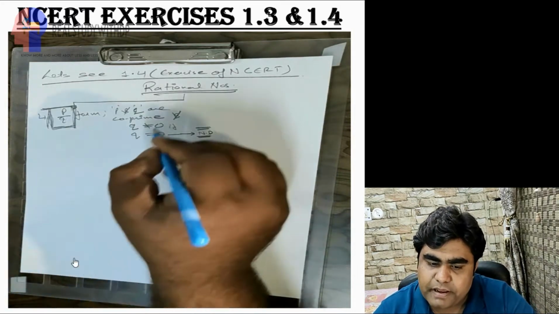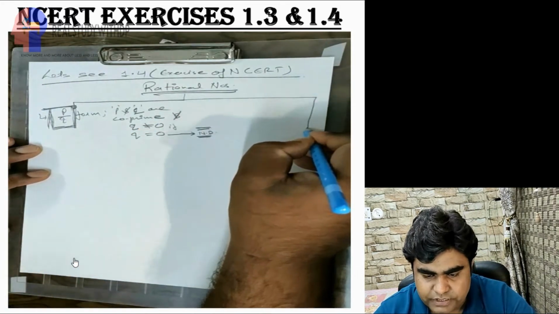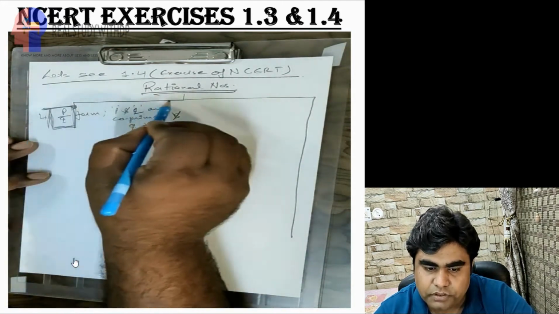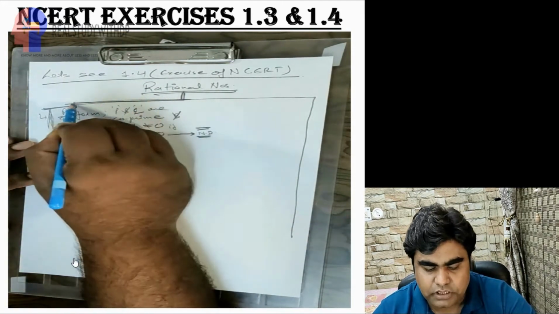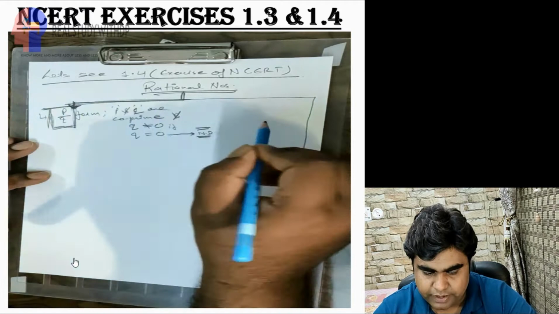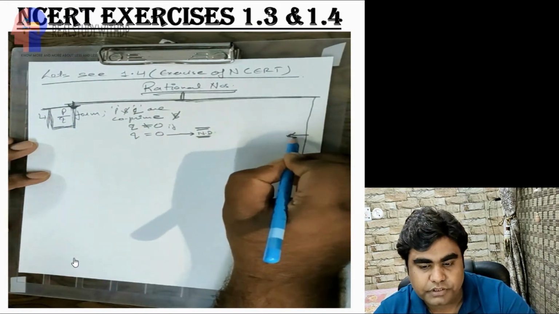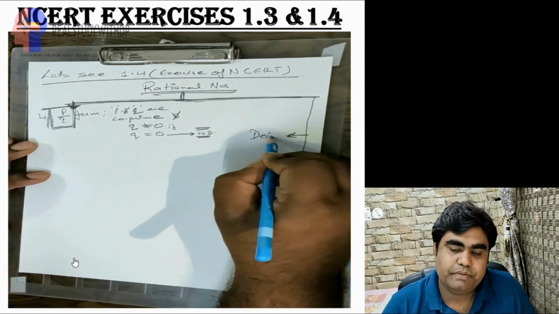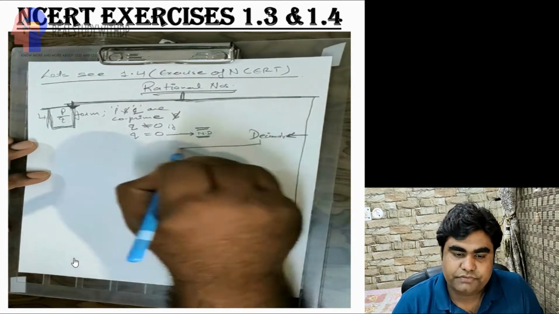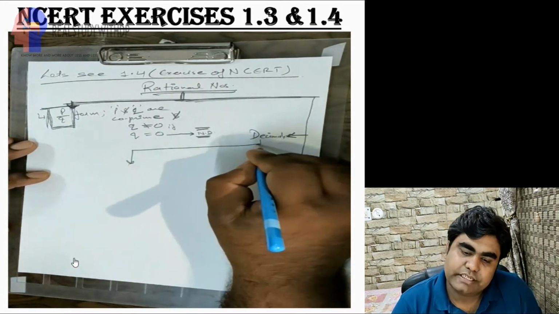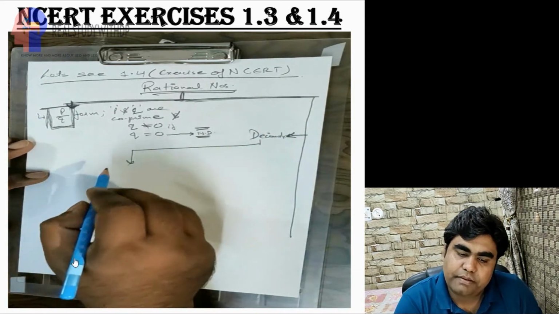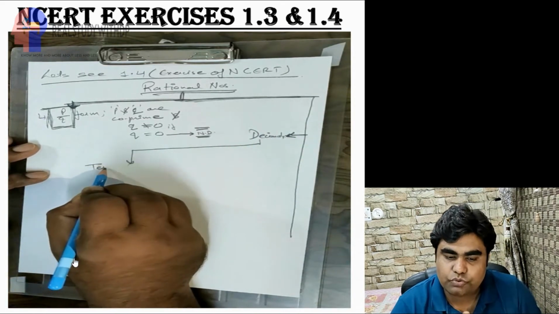So this p by q form is the first representation of rational numbers. The second representation is in the form of decimal numbers. How can we represent decimal numbers as far as rational numbers are concerned? Decimal numbers can majorly be categorized into two categories.